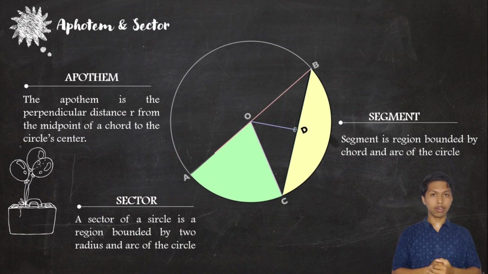Sectors with an angle of less than 180 degrees are called minor sectors, and those greater than 180 degrees are called major sectors. If the angle formed is 180 degrees, the two sectors will form a semicircle.